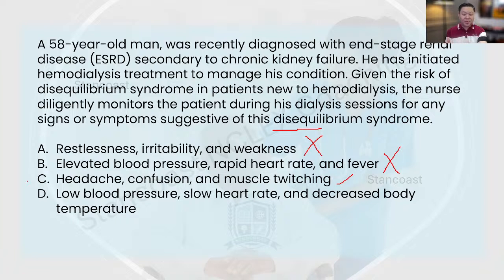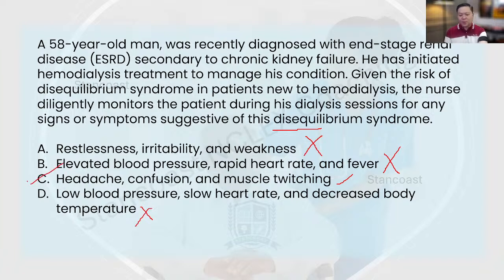And same thing with the low temperature, okay? But they are not, again, specific to the disequilibrium syndrome. They can also be found in other disorders. Now, again, we're going to have to go through. So our answer here is letter C.